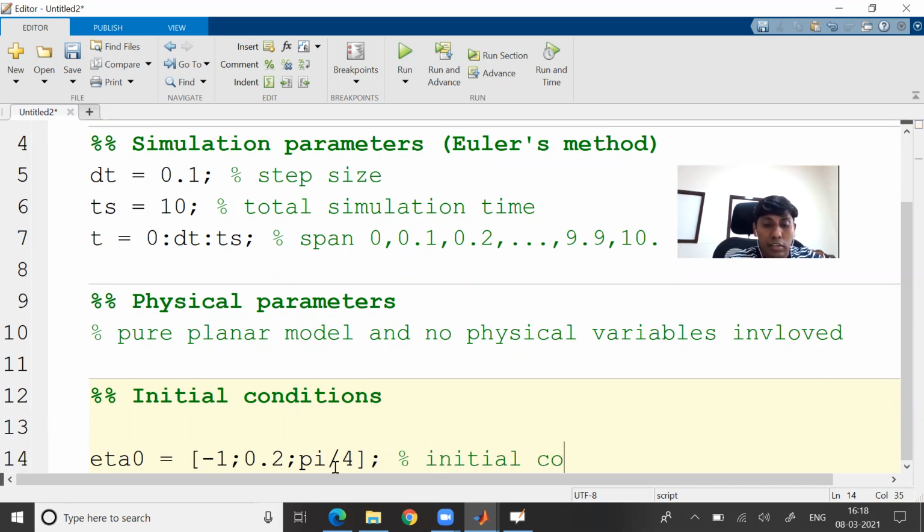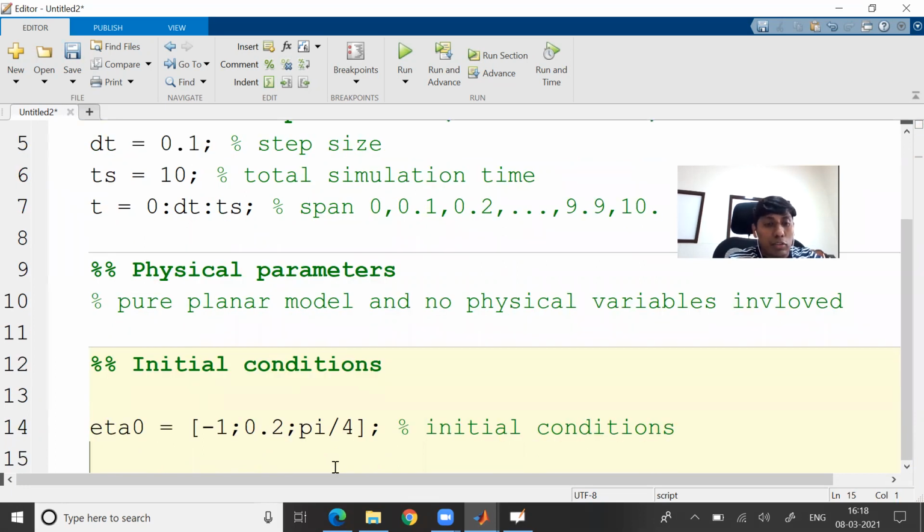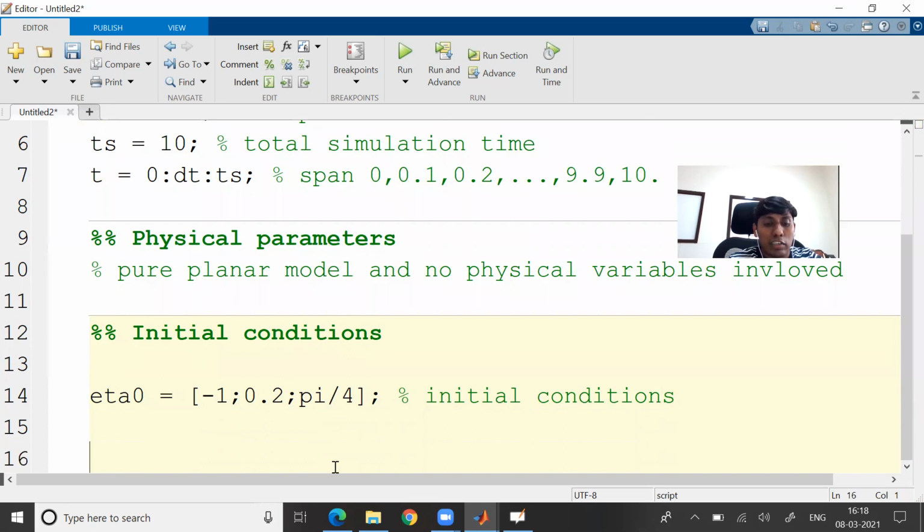This is the initial condition. Then I need to define the array, which is going to go further. For that, I'm taking eta as one of the variables, which would be 3 cross 1.